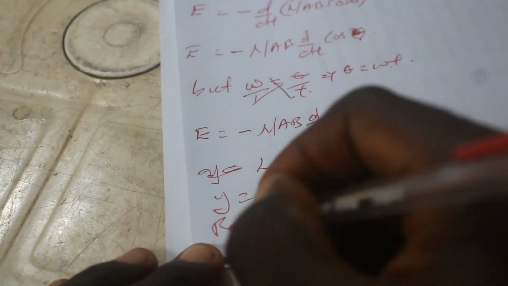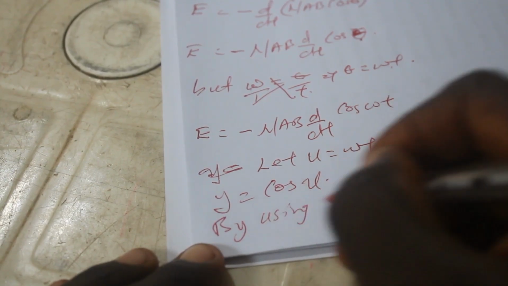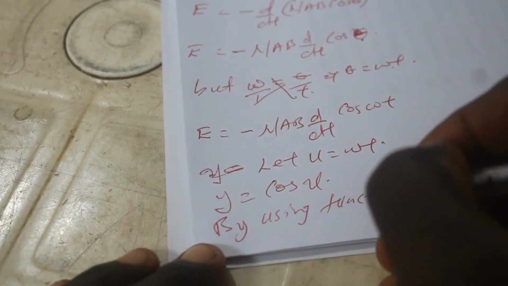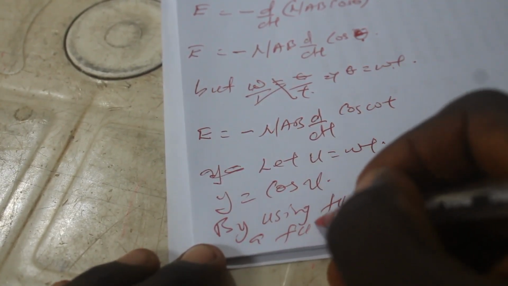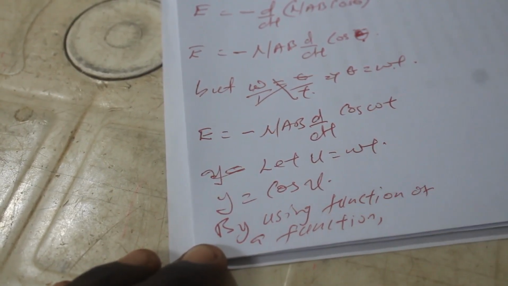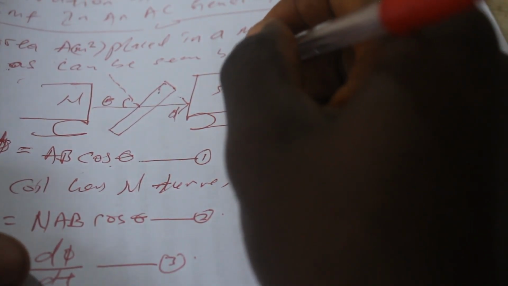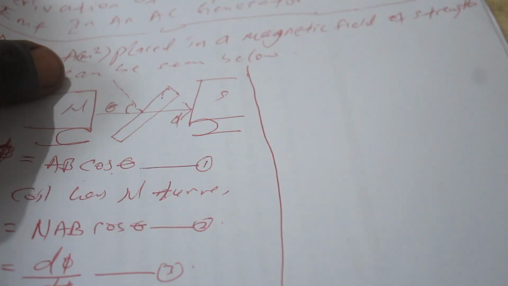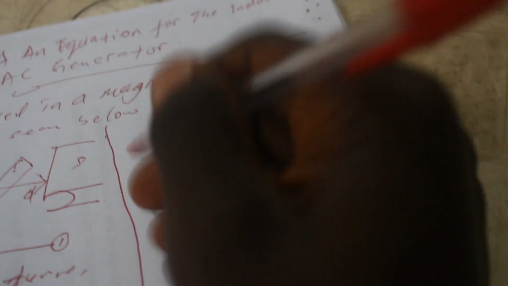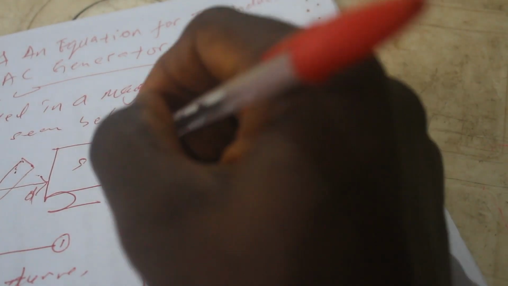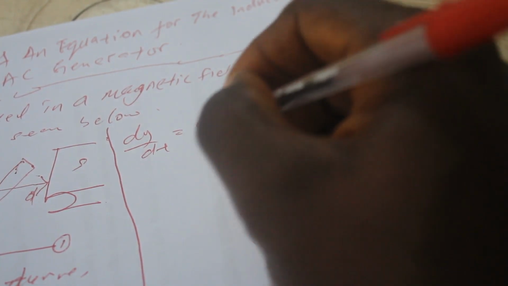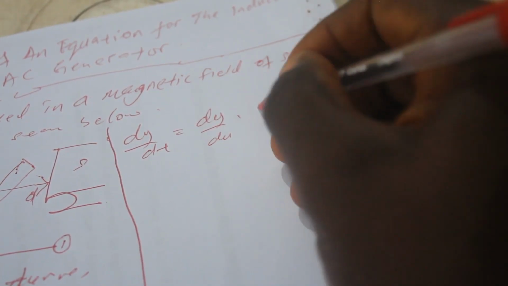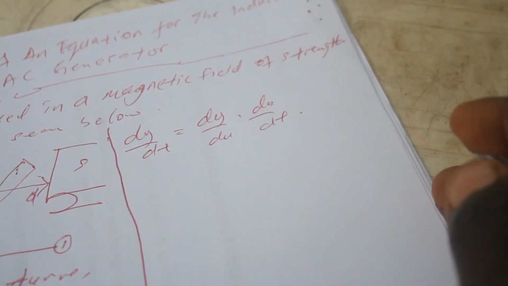By using function of a function, or what they call the chain rule, we know that dy/dt is equal to dy/du times du/dt.